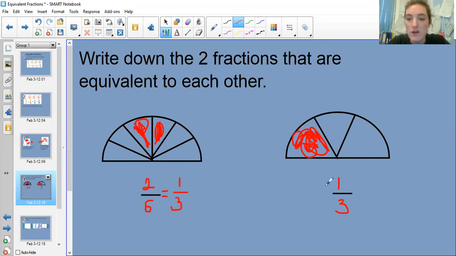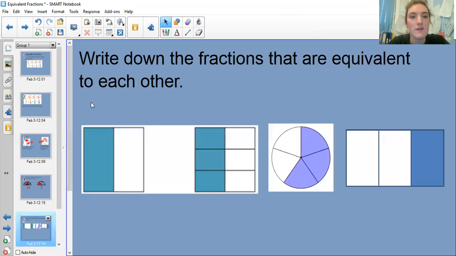We don't need to change this one because it is in its simplest form. It cannot change anymore, whereas we know that this fraction can change. It can become less in terms of our numerator and our denominator because 2 can divide into 2, 2 can divide into 6. So 2/6 is equivalent to 1/3, okay? What about this example?